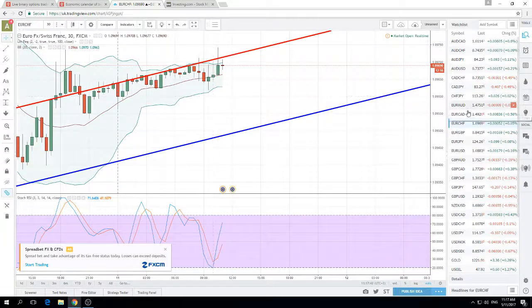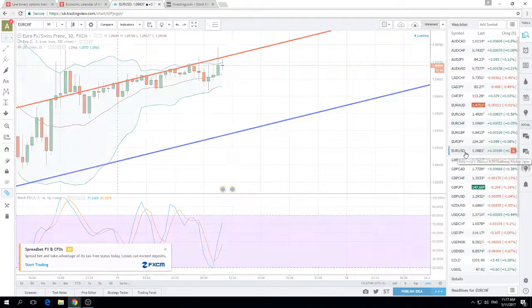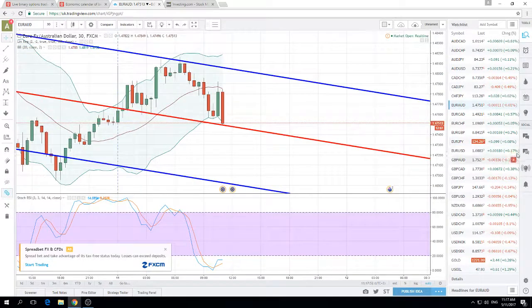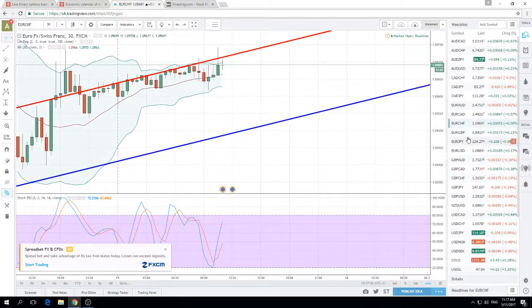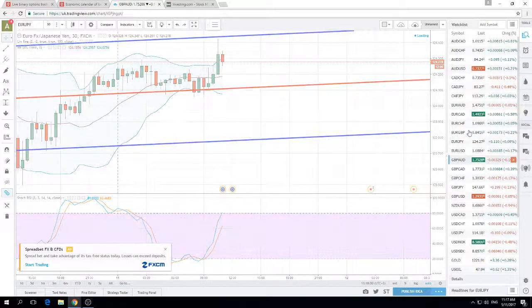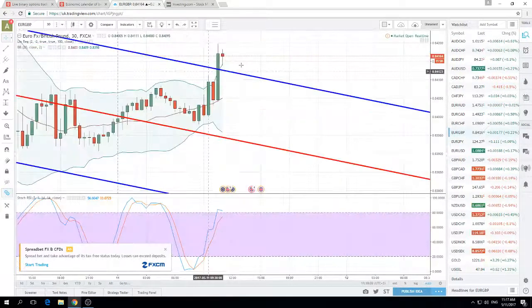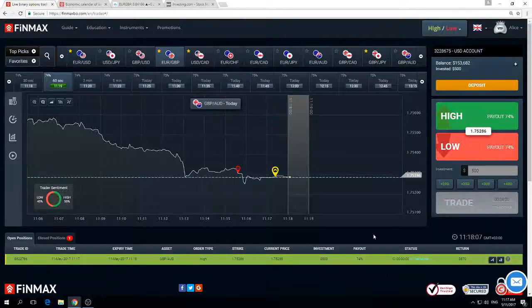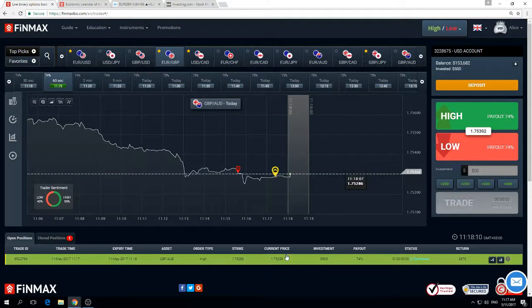Let's check Euro and American dollar with other assets in order to see their own strength and what can be expected from them. Well, to the British pound, Euro, it's also on its peak currently, so our trade expired in the money.